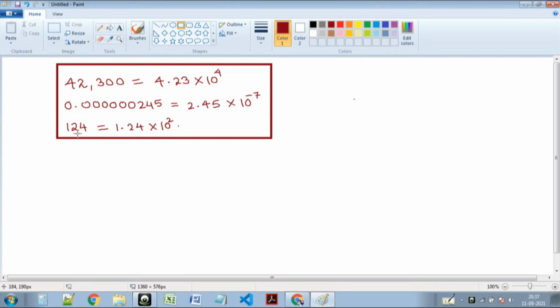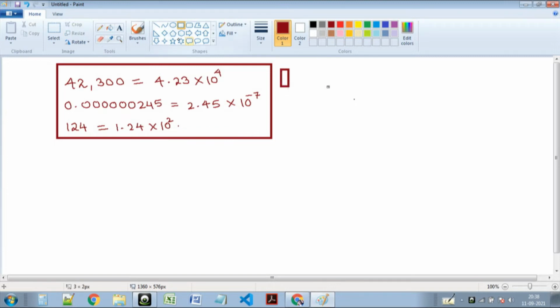One more, 124 can be written as 1.24 into 10 to the power 2. All the above numbers are written as the product of a decimal number and an exponent of 10. This notation of expressing numbers is known as standard form or scientific notation, right?